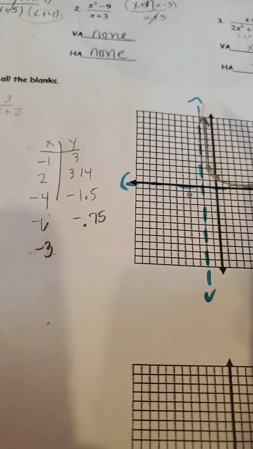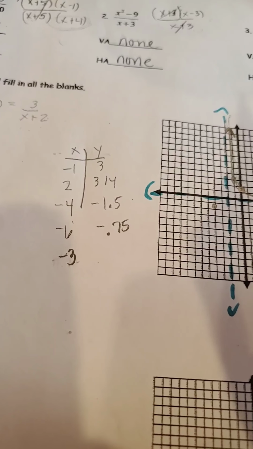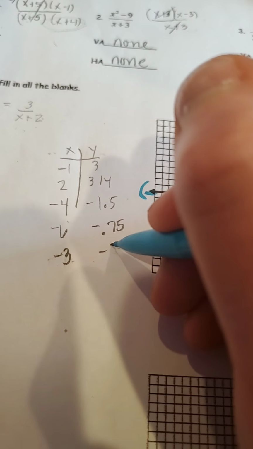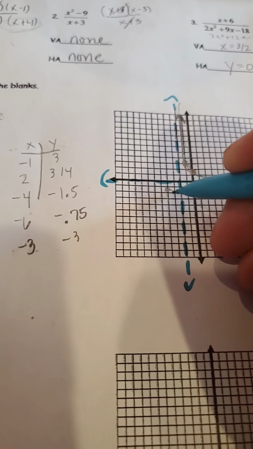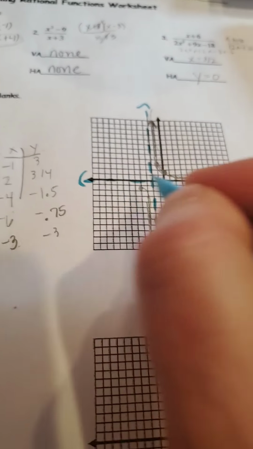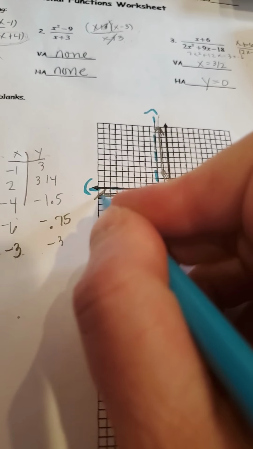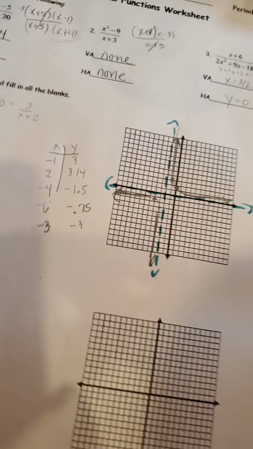And plug something a little more to the right. I can't do that. That's my asymptote. That would be silly. So when I plug negative 3 in, I get negative 3 plus 2 is negative 1. So I get this. So once again, it's going to do this kind of thing. That's what your graph should look like.